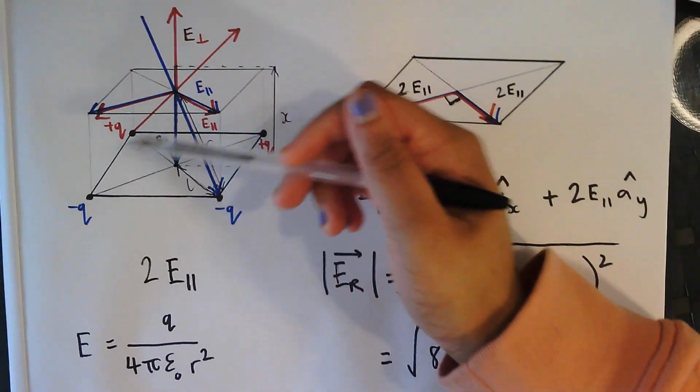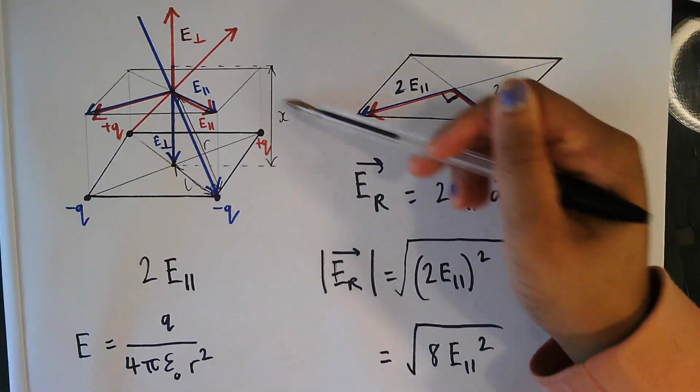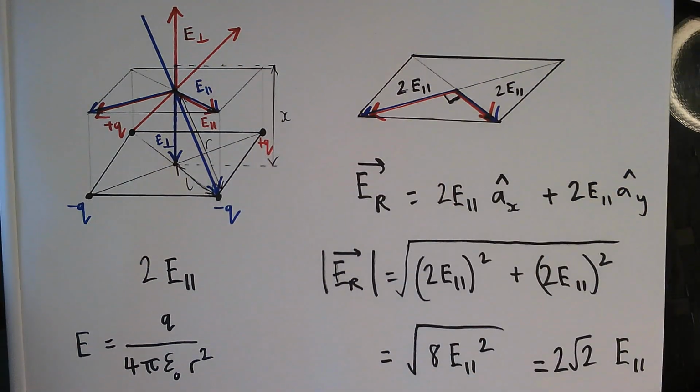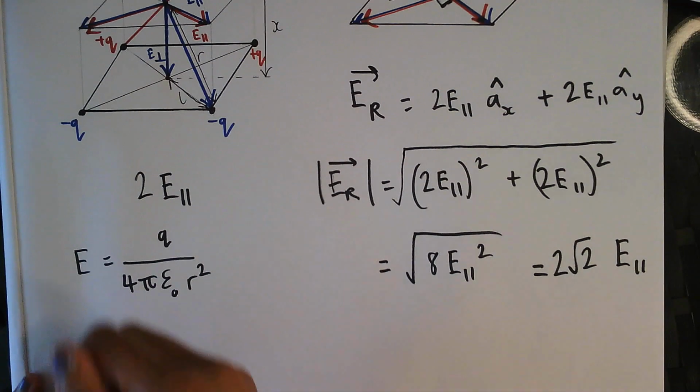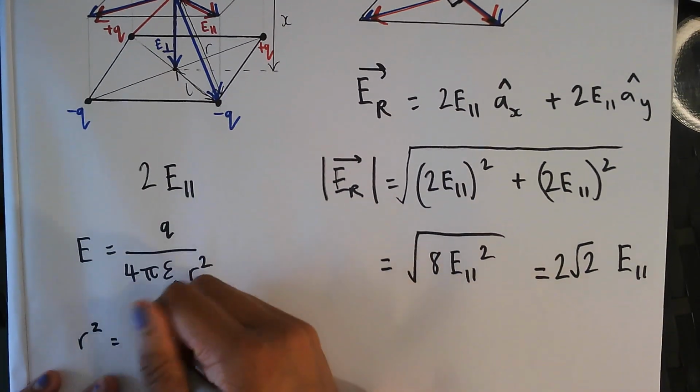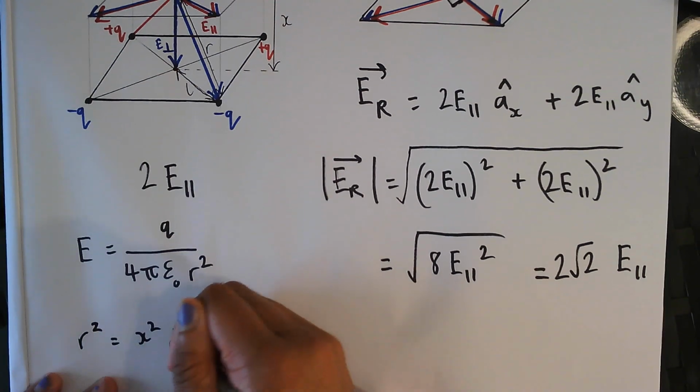And I also know that this distance here is x. So from Pythagoras' theorem I can write r squared is equal to x squared plus L squared.